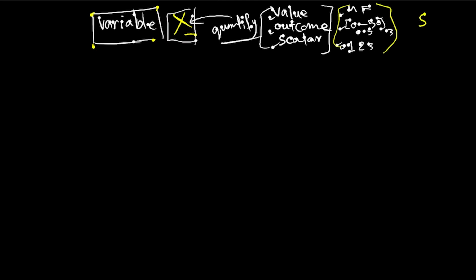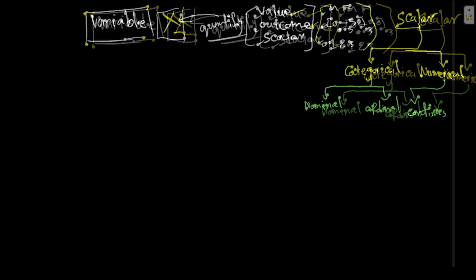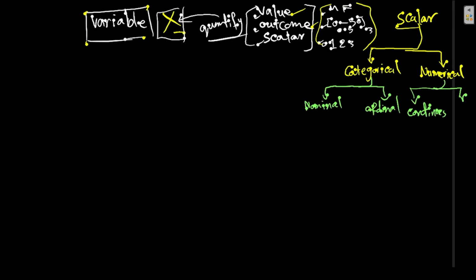So we know now the scalar or the outcome or the value could have two different groups. First, we will call it categorical. The second, we will call it numerical. Now, the first one, the categorical, has two types. It could be nominal, it could be ordinal. Numerical, on the other hand, could take the form of continuous or could take the form of discrete.